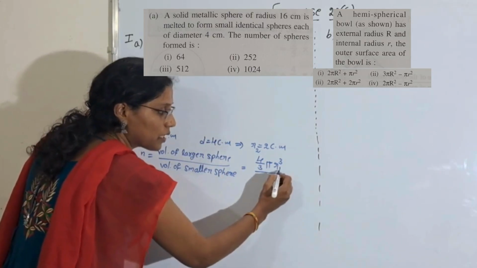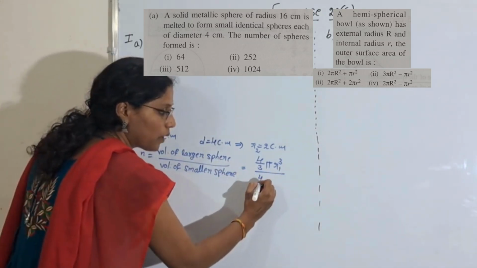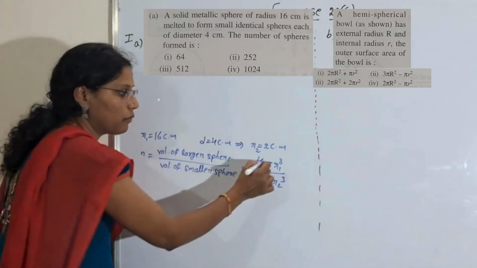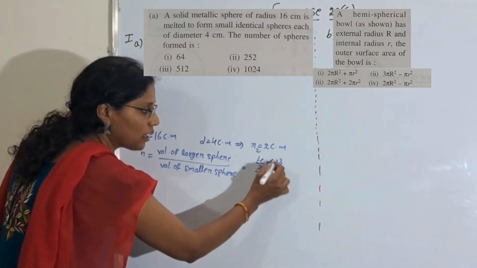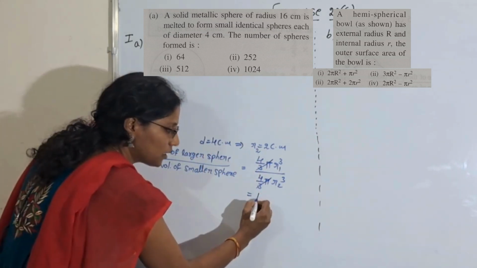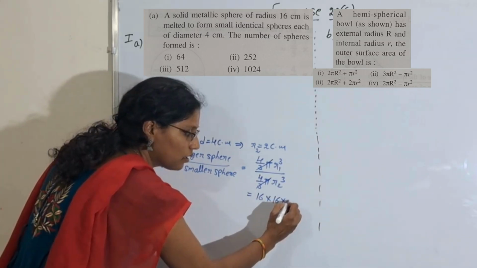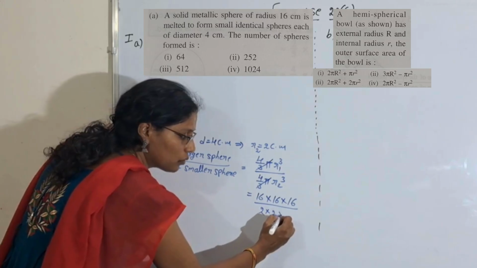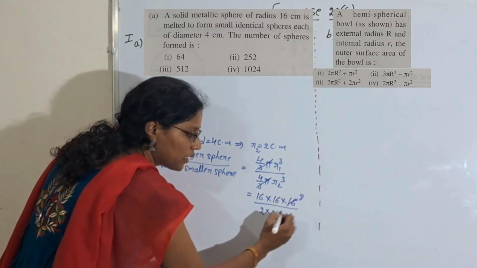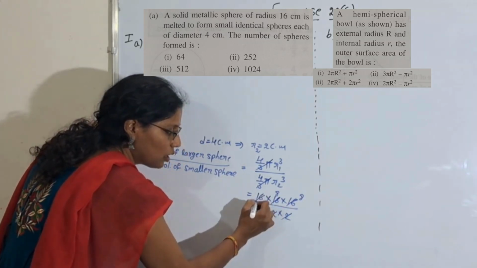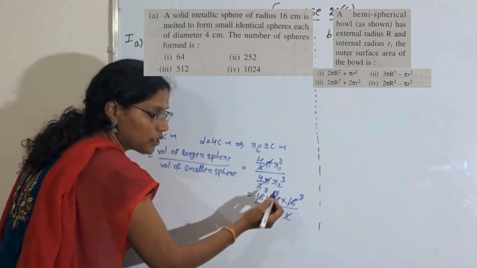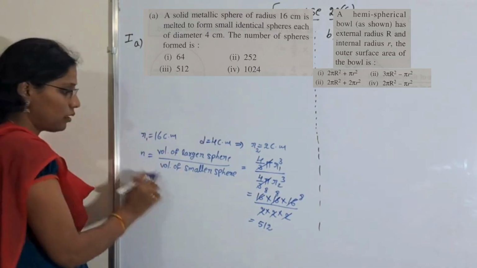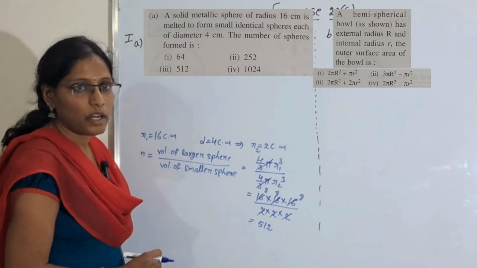Here R1 cube because larger sphere, by 4 by 3 pi R2 cube. 4 by 3 pi, 4 by 3 pi cancel. Here R1 value is 16, three times we have to write, by R2 value is 2, 2 into 2 into 2. 2 1 just 2 eights, 8 eights 64, 64 eights 512. So the total number of spheres that will come is 512.